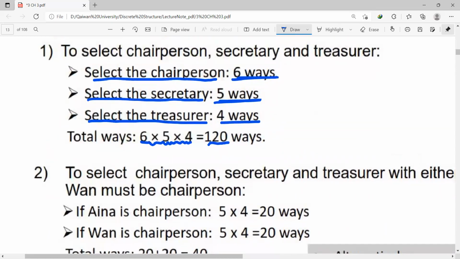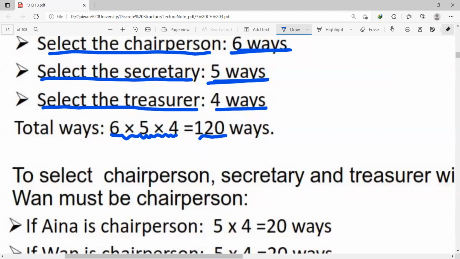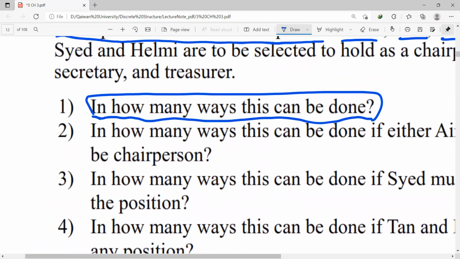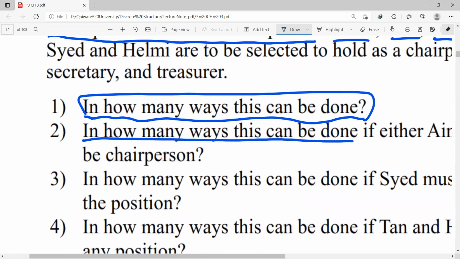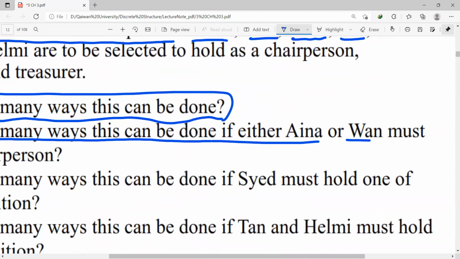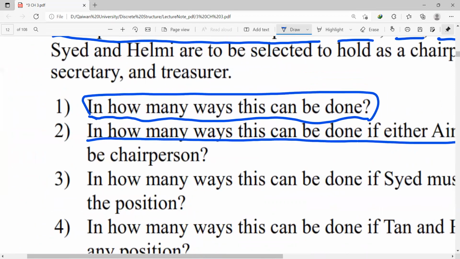The second question, the questions are written here, even above. In how many ways this can be done if either Aina or Wan must be the chairperson? That means we are going to select the chairperson among 2 people.